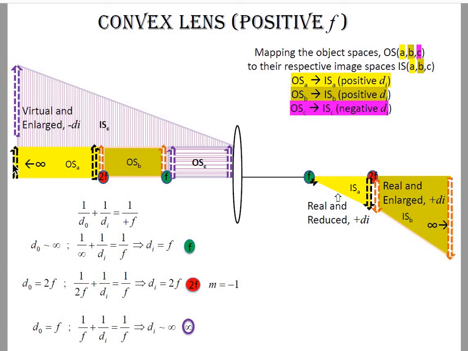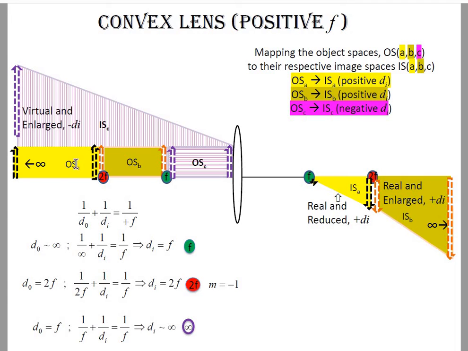As we start at infinity, or way far away from the lens, we're going to get a teeny tiny inverted image right here near the focal point. Remember for a mirror, it was over here. As we move this way in object space, this yellow rectangle, see how it grows?